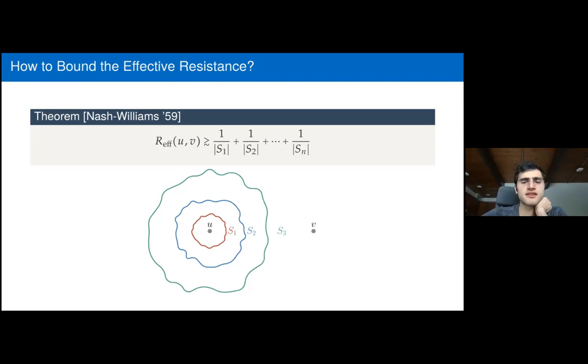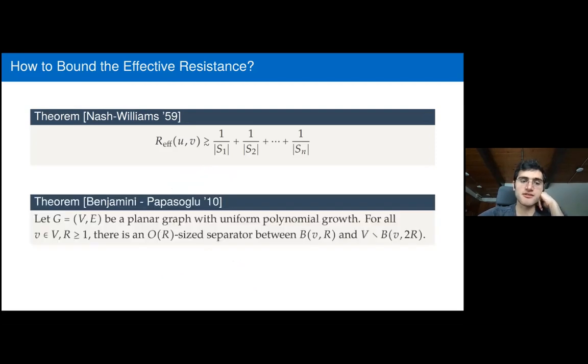Somewhat interestingly, we do have some sort of separators in planar graphs of uniform polynomial growth. By work of Benjamini and Papasoglou, we know that there is a linear size separator between a ball of radius r and a ball of radius 2r in these graphs.